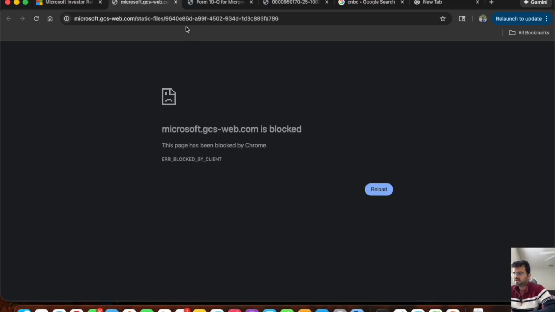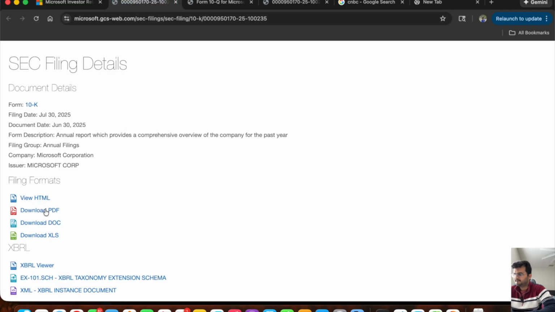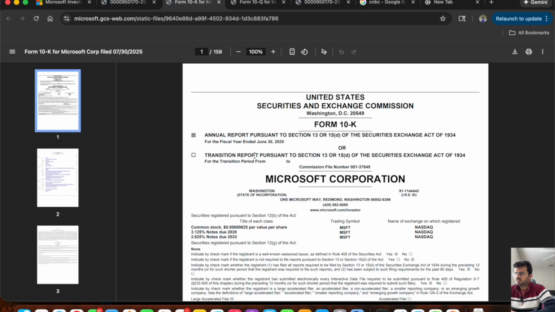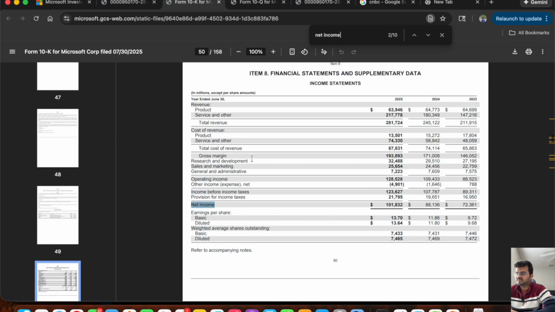From here, pick up the 10K. So total. No, I'll put net income. I'm just using a keyword to figure out the income statement. That's it, nothing else.